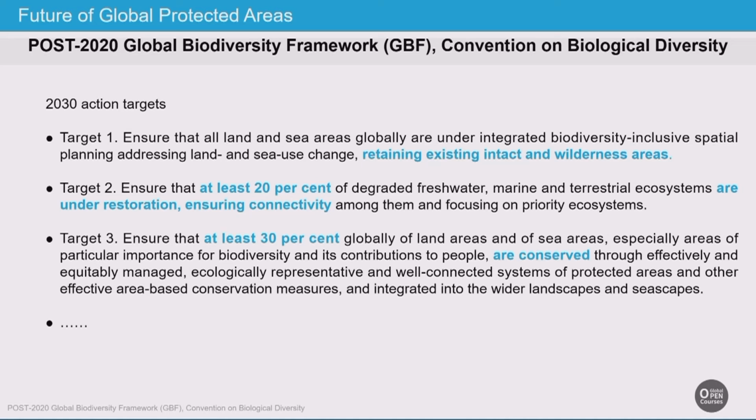So that means 30% may be the goal that we set for the next decade that we need to achieve before 2030. So that is also called the 30-30 target for protected areas at the global scale. But this is only a number, the issue of number. Where should we protect this 30%?